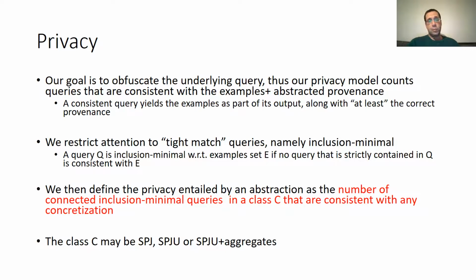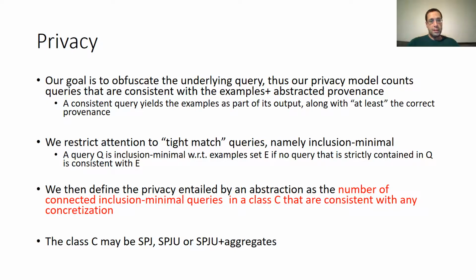And when we say consistent, we mean that the query generates the examples as part of its output, along with at least the correct provenance, meaning that some concrete provenance that is a concretization of the abstracted provenance appears in the explanation generated by the query when evaluated over the database. So these are the possible queries given the abstracted provenance.